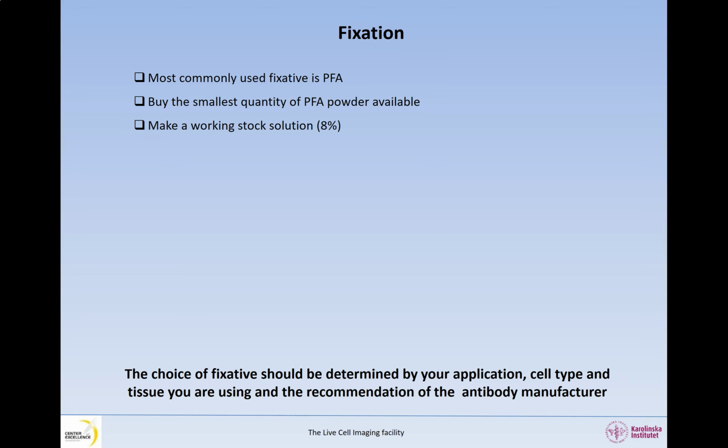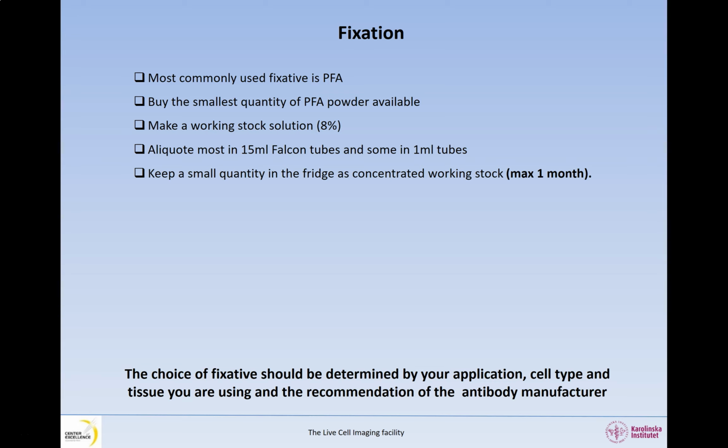Make a 2-times working stock solution, for example 8%, if you want to fix with 4% PFA. Aliquot most in 50 ml Falcon tubes and some in 1 ml tubes and freeze down. Keep a small quantity in the fridge as concentrated working stock, but not more than 1 month.